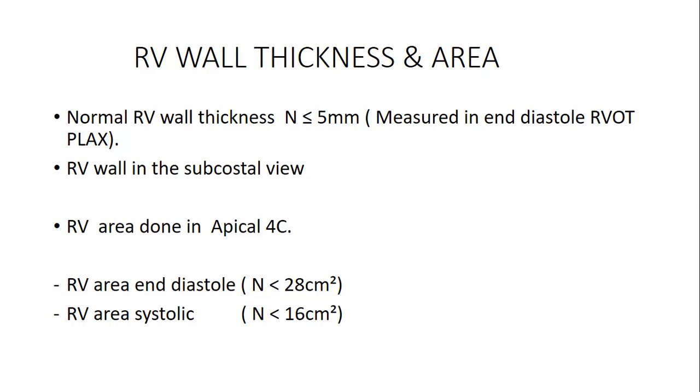Remember, during diastole the myocardium has relaxed, so we expect this figure to be more, and the cavity is bigger than in systole. The RV end-systolic area should be less than 16 centimeters squared. Remember, this is area. Why is it small? Because the myocardium has contracted and the cavity reduces in size.